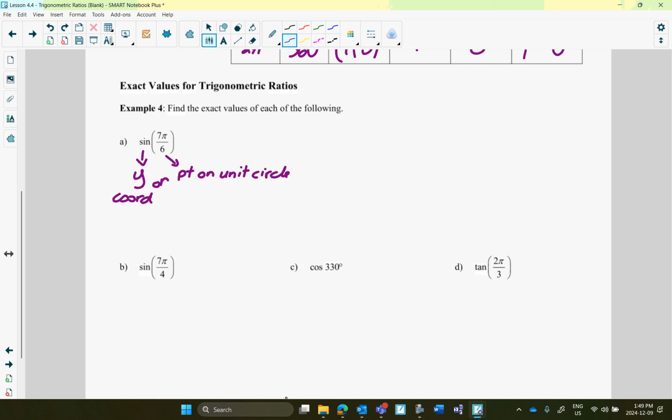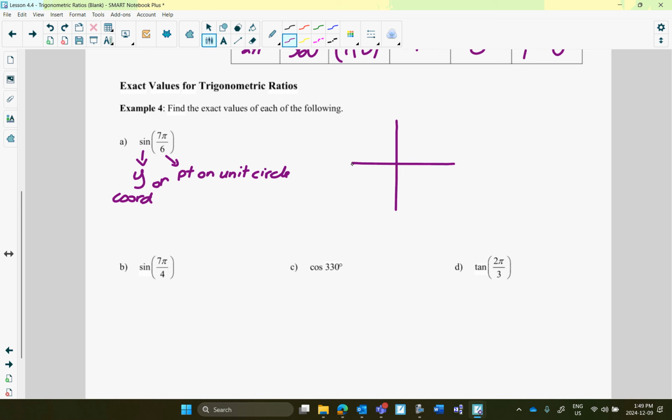So I take those things and piece them apart. So I got to find the point on the unit circle at 7 pi over 6, and the y coordinate's my answer. So where's 7 pi over 6? You might want to just sketch this to help you.